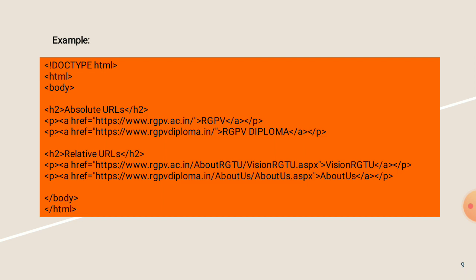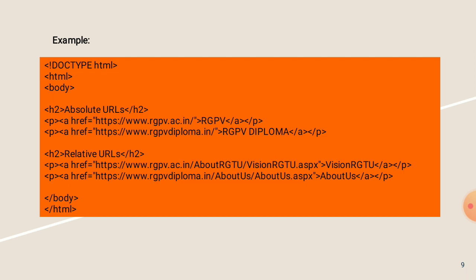Then another paragraph with a href https://www.rgpvdiploma.in about us, then aboutus.aspx, close the tag, then about us, anchor tag close, paragraph close.